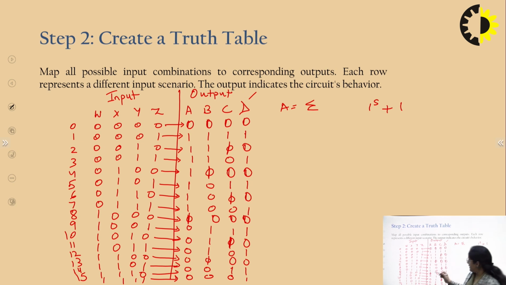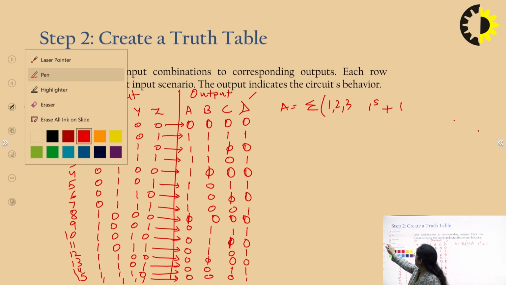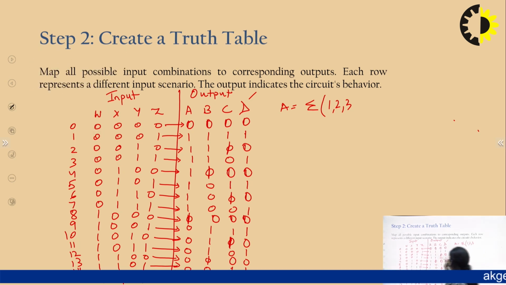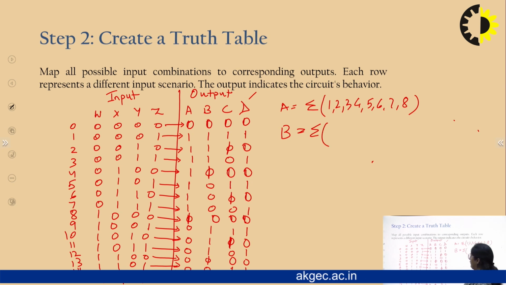You can see clearly it's 1, 2, 3, 4, 5, 6, 7, 8. So from min terms 1 to 3, 4, 5, 6, 7, 8.